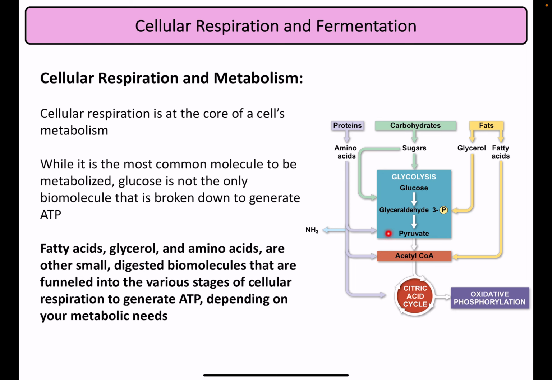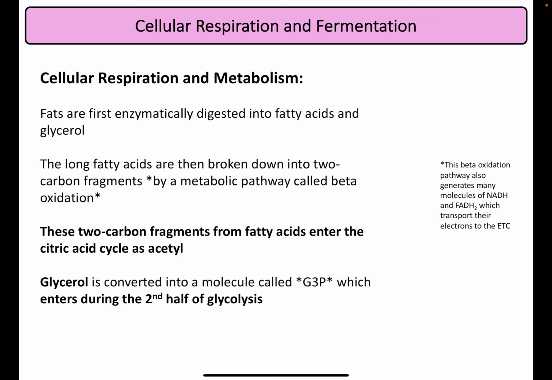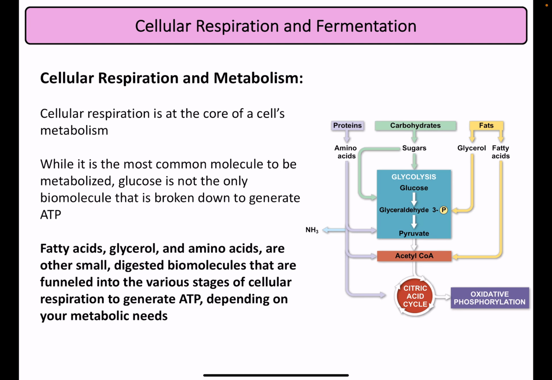So instead of a derivative of pyruvate, you can skip that and it's like tossing little logs into a fire or a furnace. And if you imagine that the mitochondria and the citric acid cycle is the furnace, you can toss in little logs of energy from here or from here. So yeah, that generates a tremendous amount of ATP. Also, the glycerol, which is 3 carbons, is funneled into glycolysis.